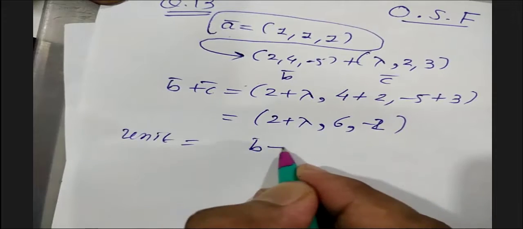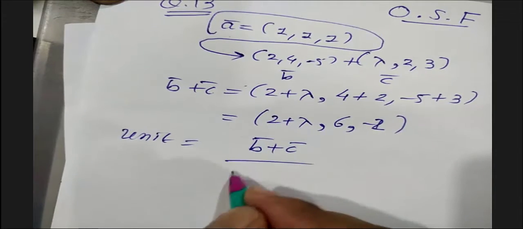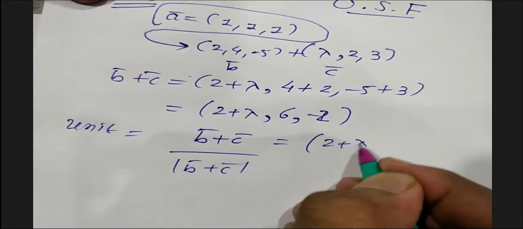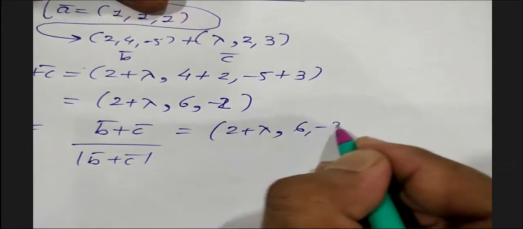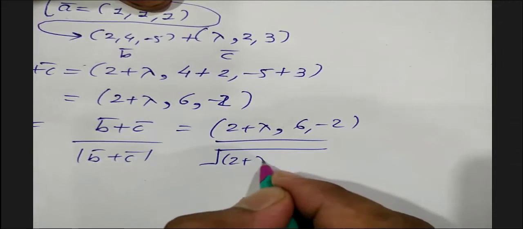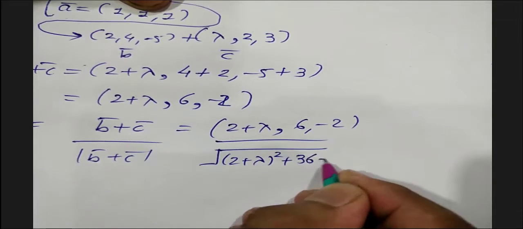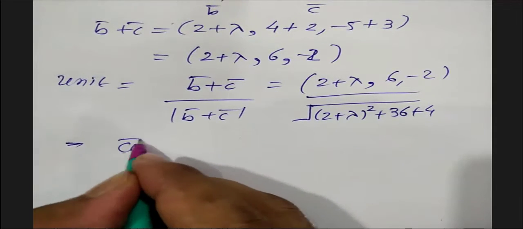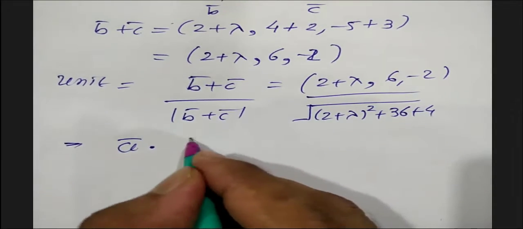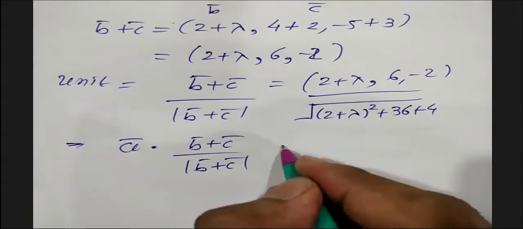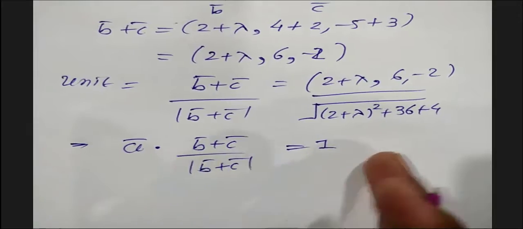So first of all, find the unit vector. Unit vector means B bar plus C bar upon its magnitude. So (2+λ, 6, -2) upon the square root of (2+λ)² + 36 + 4. They said the scalar product means A bar dot (B bar plus C bar) upon the magnitude of B bar plus C bar is equal to 1.